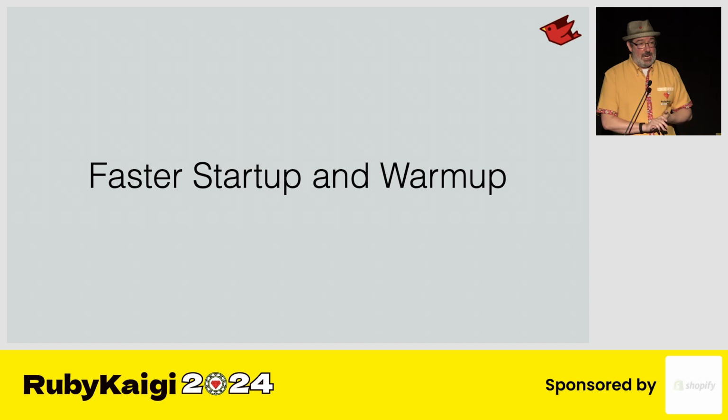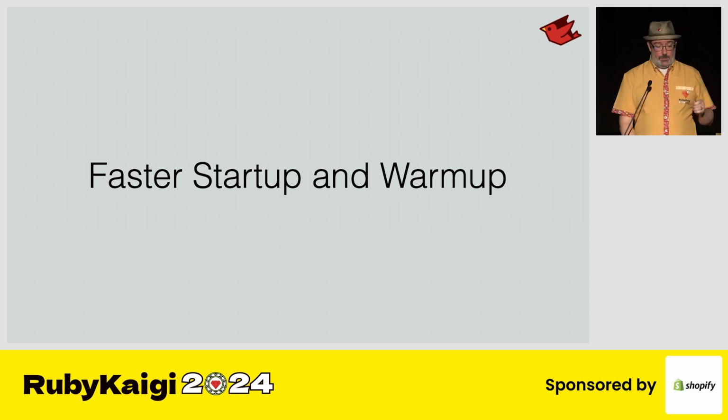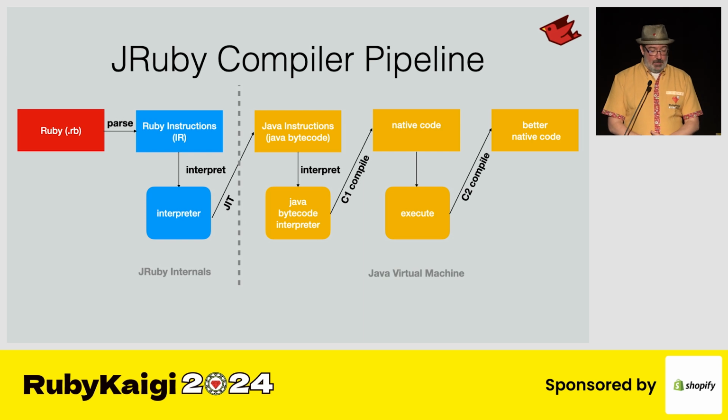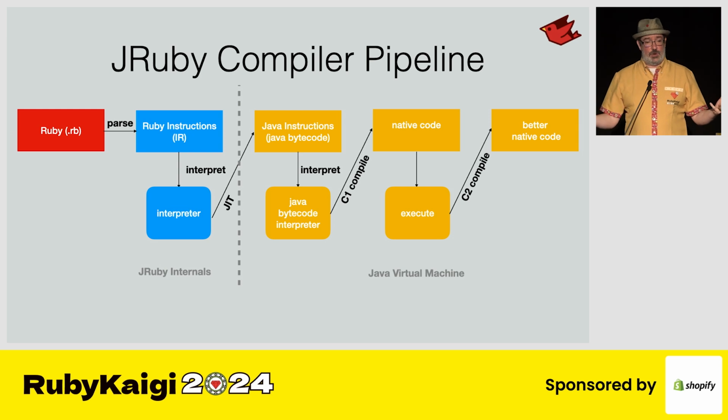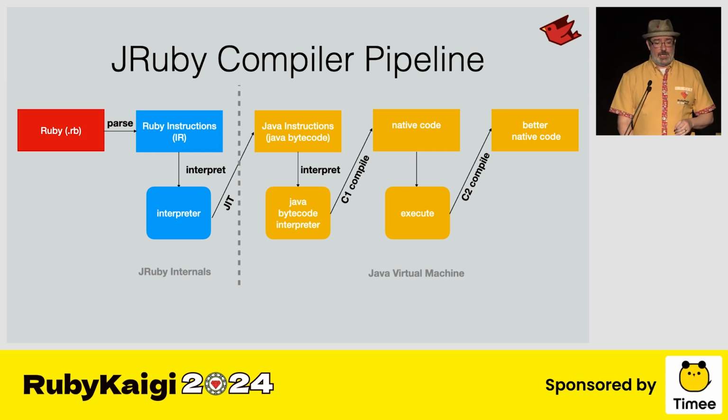Now, a classic challenge for JRuby has been startup and warm-up time. Now we look at this JRuby compiler pipeline, and there's a long distance from the Ruby code on the left to the optimized native code on the right. And when you think about all of the methods that are in your system, all of the Ruby code that's in your system, they each have to work their way through this pipeline to get full performance.